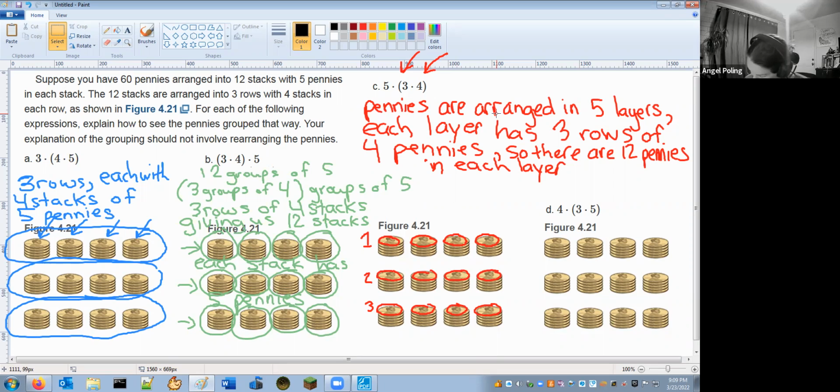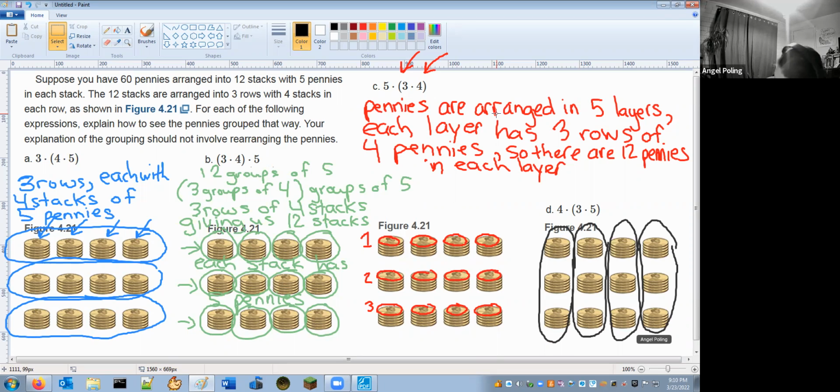Okay, let's look at D. D's back to something like A. So 1, 2, 3, 4 columns, right?